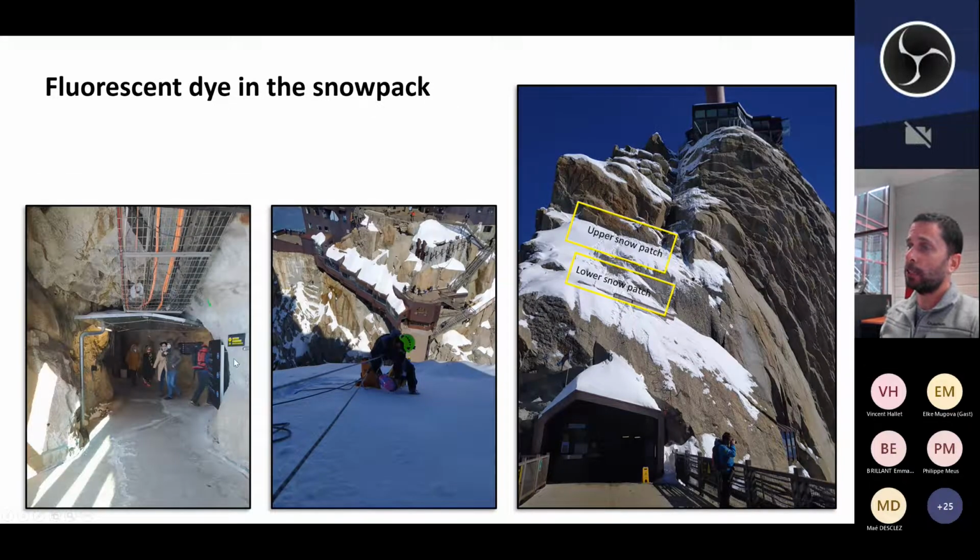And what it gave us is actually access into the rock and into the fractures. On the left picture, you see this stainless steel plate that is draining water dripping from fractures in the rock. This was placed a few years ago by the company that runs the place, just so water doesn't drip on the heads of the tourists.